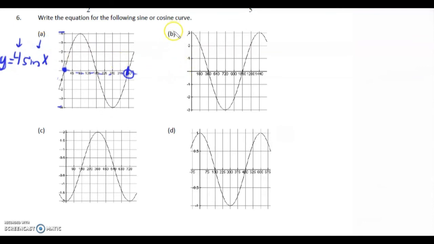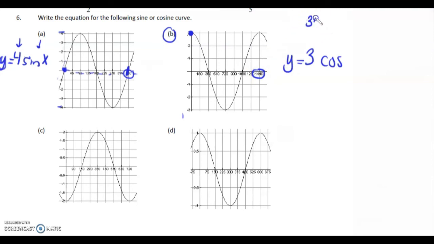For b, it starts at a maximum, so I'm going to call this cos. So y equals something cos. The amplitude, we go from negative 3 to 3, so the amplitude is 3. Now, one period is 1440.